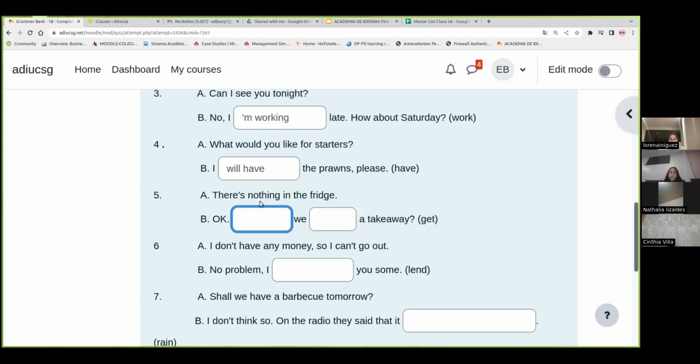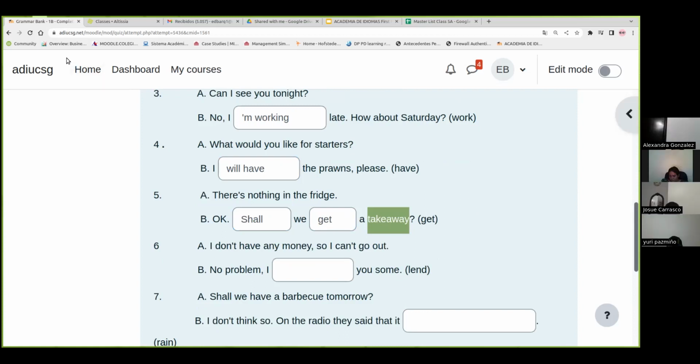All right. Number 5. There's nothing in the fridge. Okay. Shall we get a takeaway? Do you remember this one? We saw it on the last unit. Takeaway.